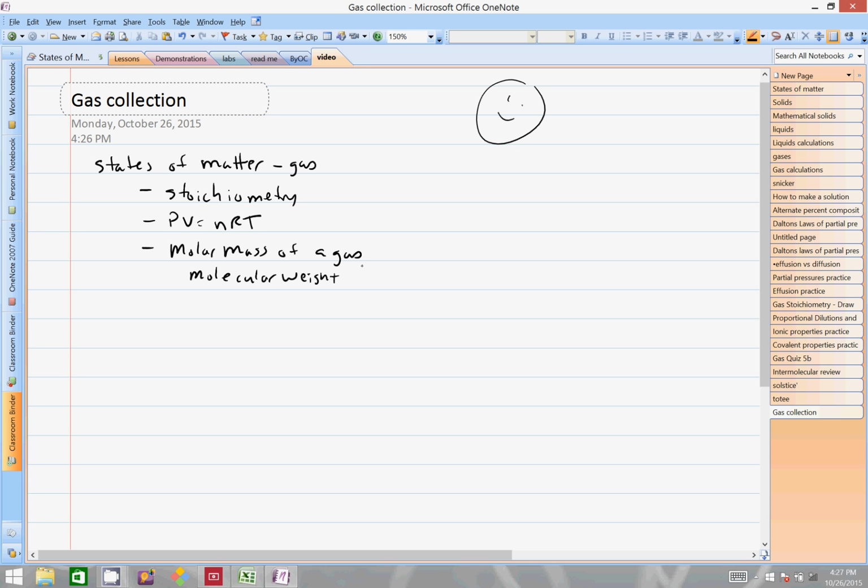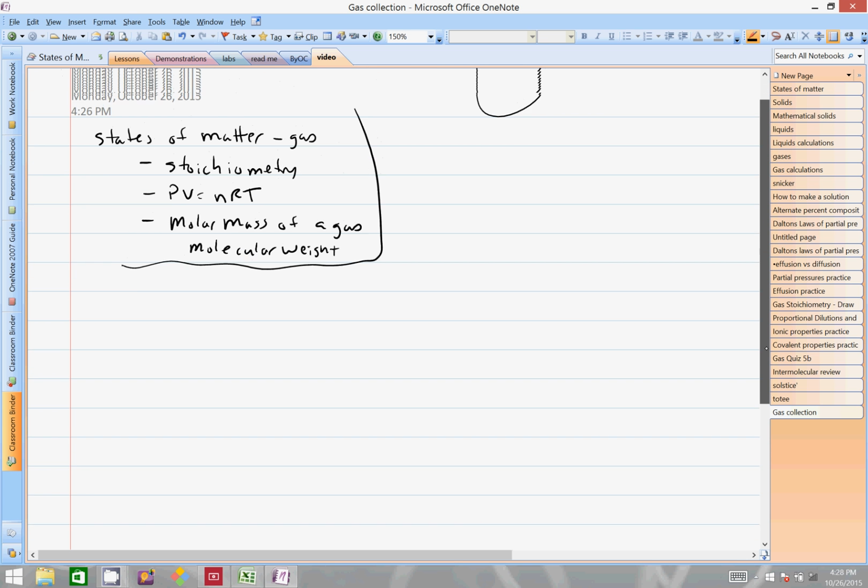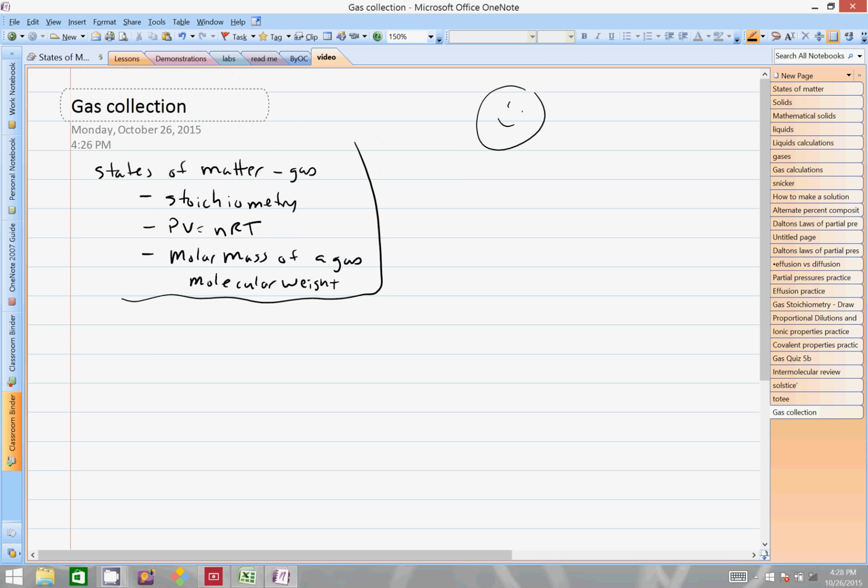Okay, so first things first, what does it mean for gas collection? Well, if we have a chemical reaction that is giving off a gas, let's say we just use a crucible. I don't know, there's a lot of ways you could do this, but we have a gas of some sort. Baking soda would require some heat.